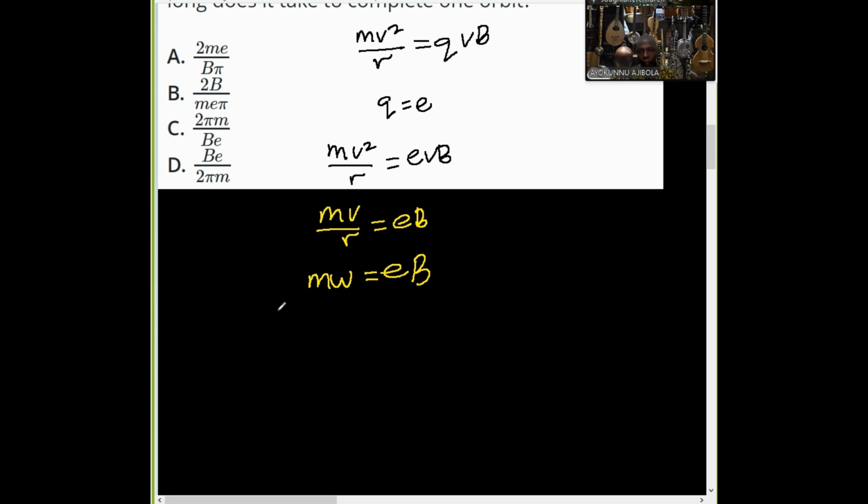With this, the omega can be represented as 2 pi f. Then the whole expression becomes 2 pi f m equal to e B. Then f is related to the period, which is the time that they are requesting.